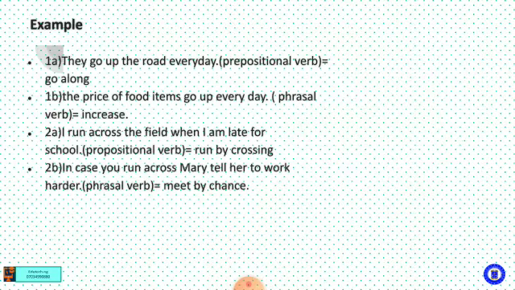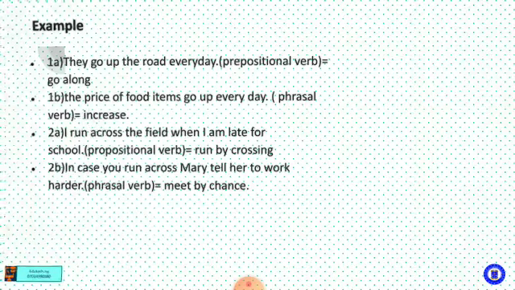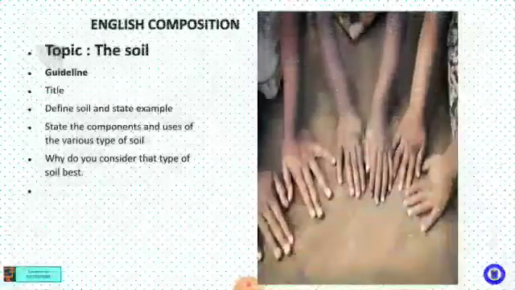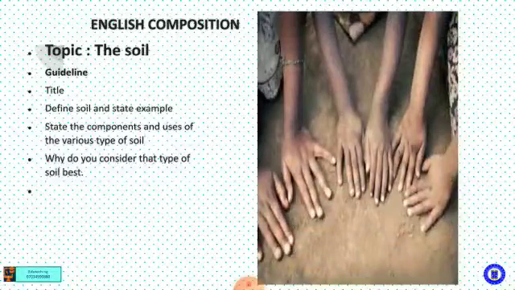So you see, in the two sets of sentences, the first one's meaning is different from the second one's meaning, depending on whether it's a prepositional or a phrasal verb. So the difference between the two is just that the two meanings are not the same, okay.